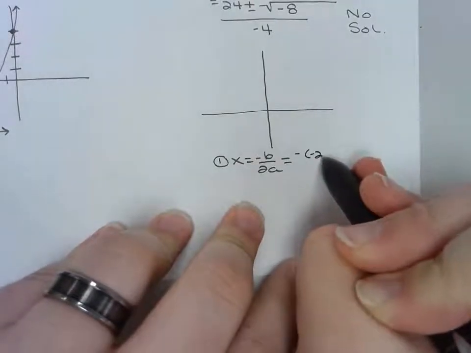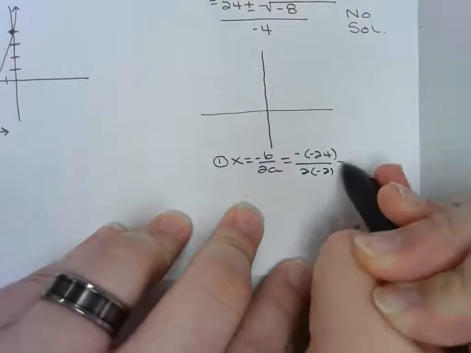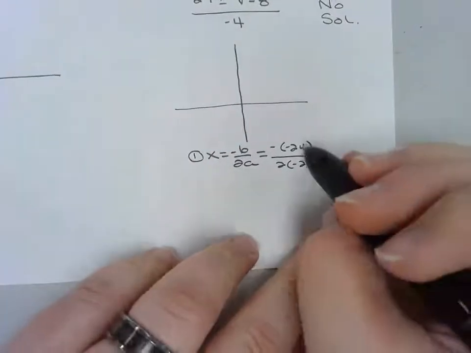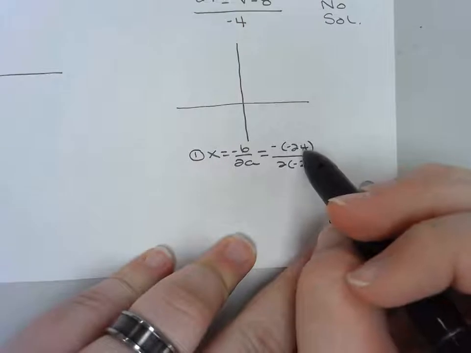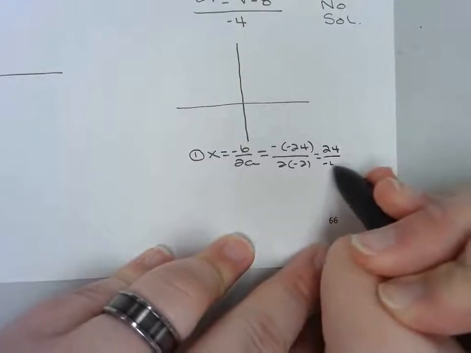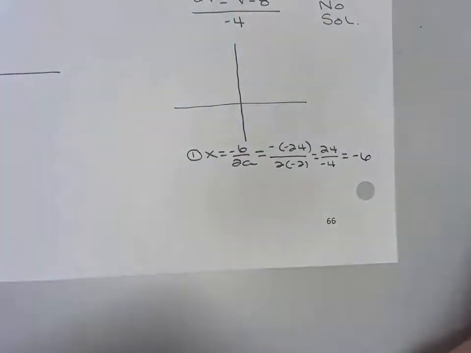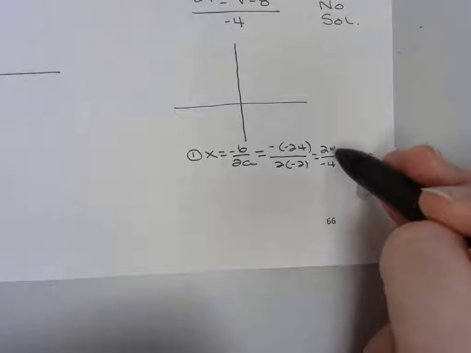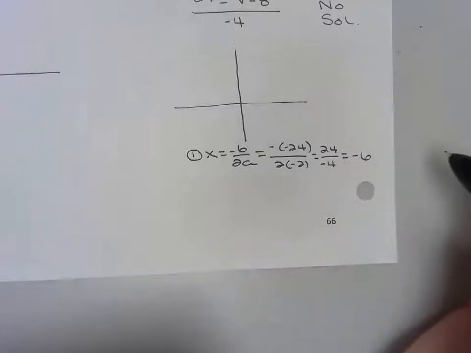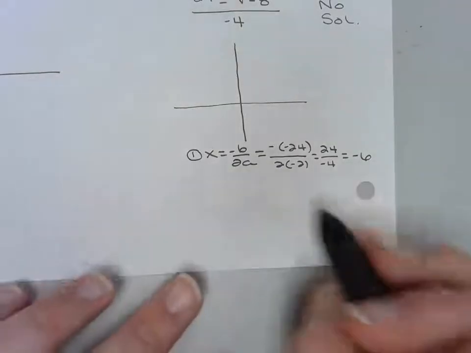So negative 24 over 2 times negative 2. Check your negatives. Yep, because it's a negative b and b is a negative 24. So 24 over negative 4, which is negative 6. Because it's a positive 24 over negative 4. You're good. So my axis of symmetry is negative 6.